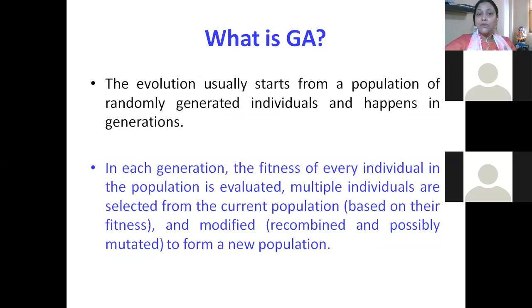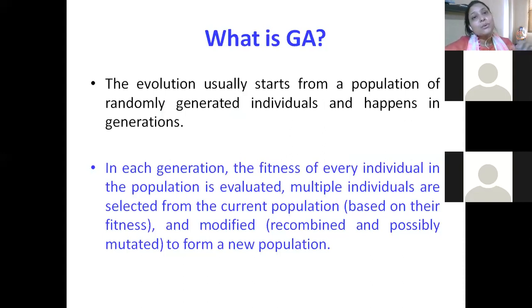So basically, evolution, that means in the case of a genetic algorithm, usually starts from a population of randomly generated solutions, that means individuals. And obviously, it will evolve with each step, and it gives you the generations.